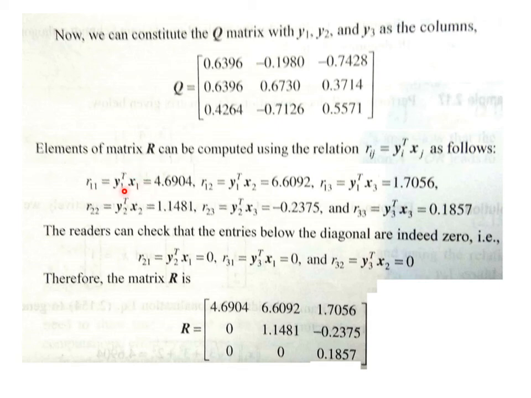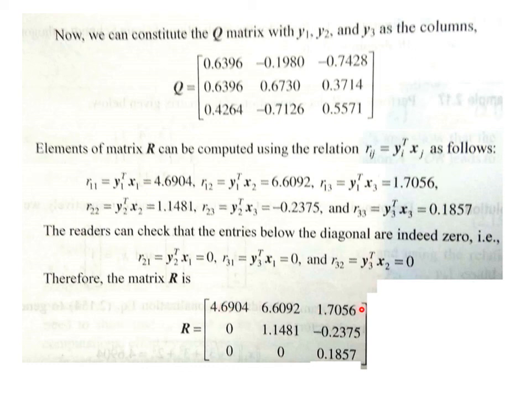We have y1, y2, y3 with x1, x2, x3 as per the previous slide. So y1 transpose multiplied with x1 will produce at the 1 1 position 4.6904. R12, as per that formula, is y1 transpose into x2, and it is 6.6092. Then R13 is y1 transpose into x3. We have all these matrices as per the previous slide with us.